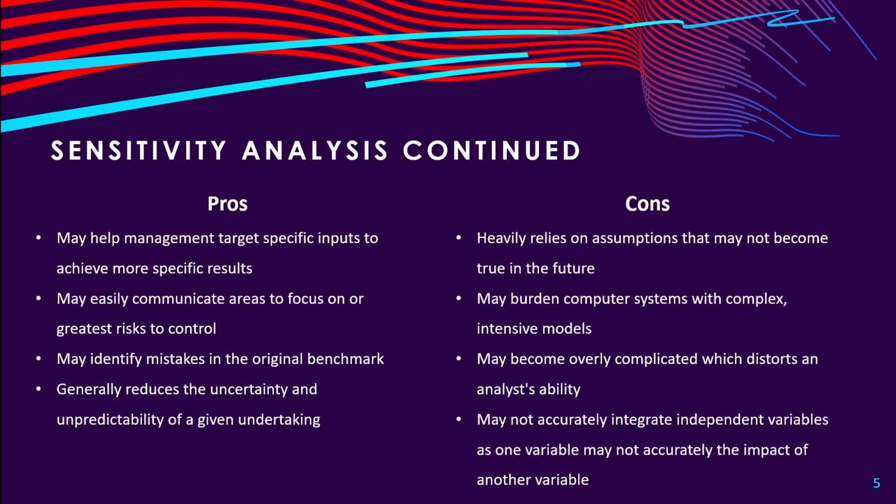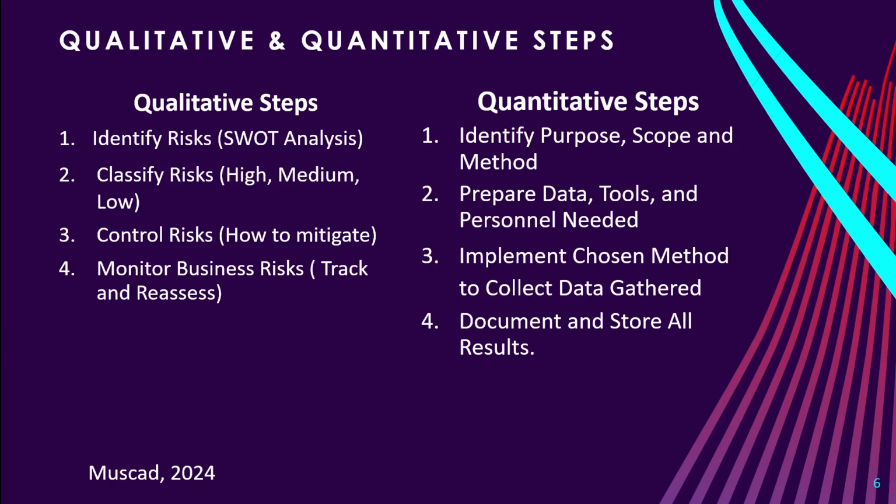Next, we are going to discuss both the qualitative and quantitative steps of the analysis. When conducting a sensitivity analysis, it is important for analysts to understand the difference between quantitative and qualitative approaches, since they differ in their methods and results.